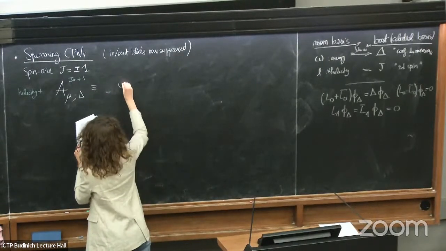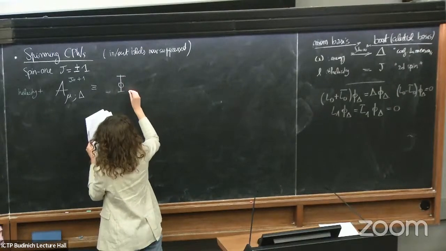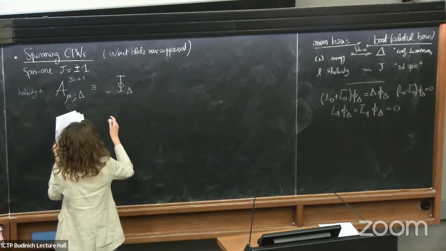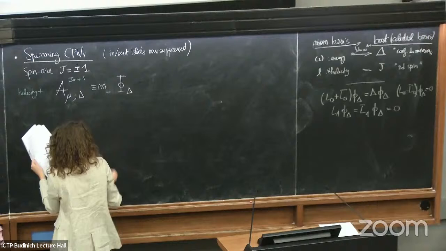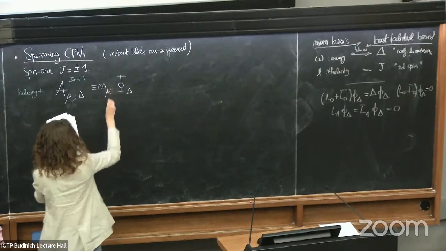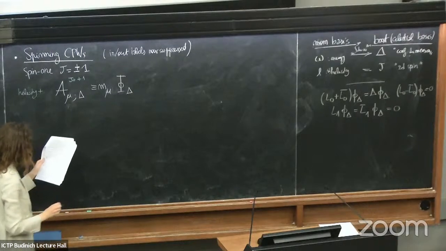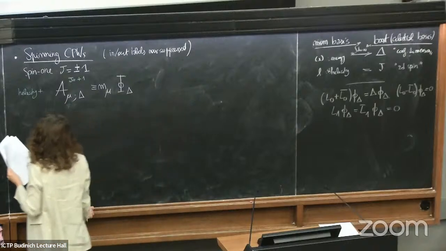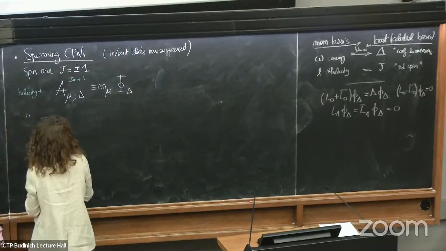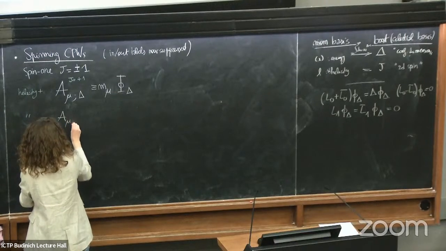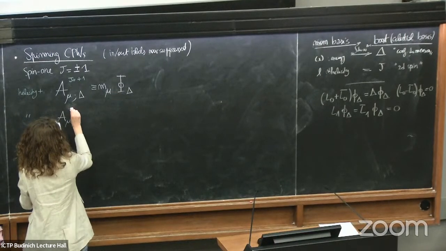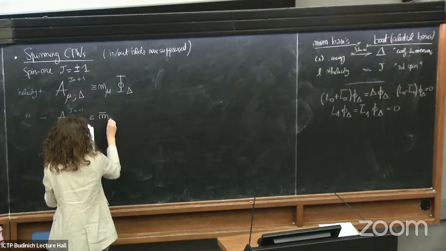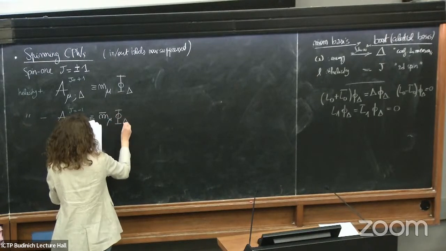So it is defined, roughly speaking, as a scalar conformal primary times this tetrad M mu. And I will explain that, but let me just write down the expression for the negative helicity, just to be complete. So now J is equal to -1. We'll have an M bar now times the scalar conformal primary.